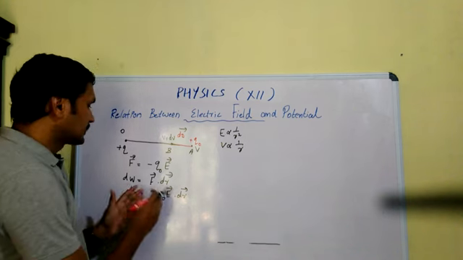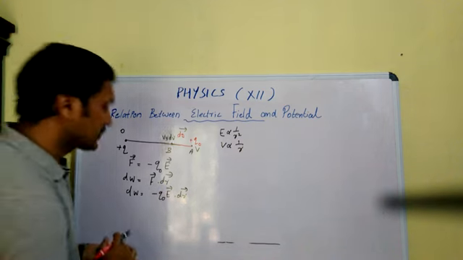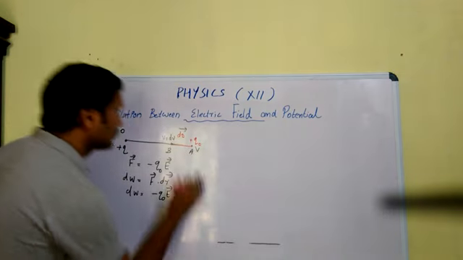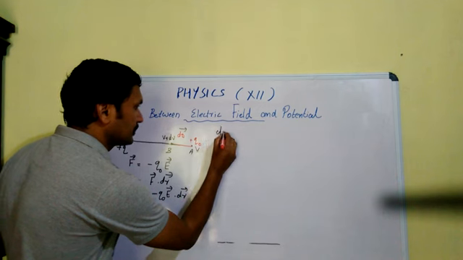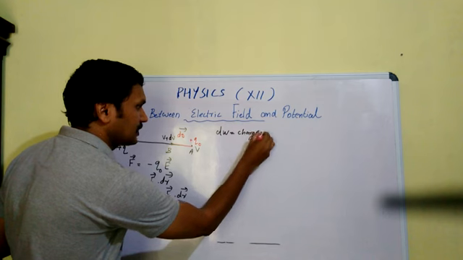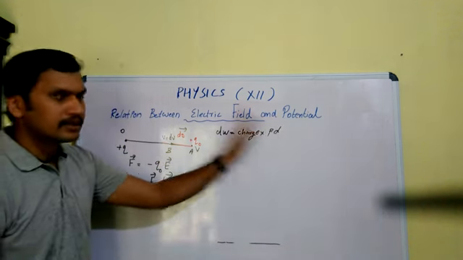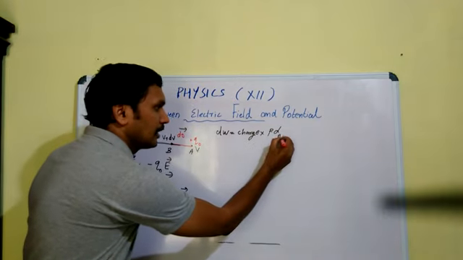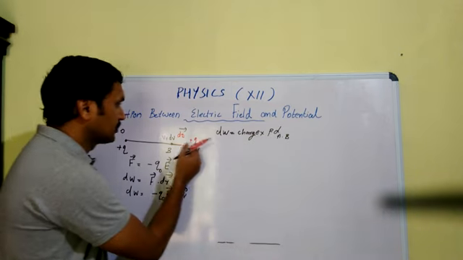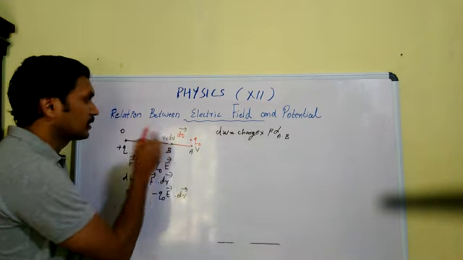Now we can calculate the same work in terms of potential also. The work required to move the charge from A to B is equal to the charge times the potential difference between A and B. We are taking a charge Q0 from A to B, and the potential difference between A and B is dV.